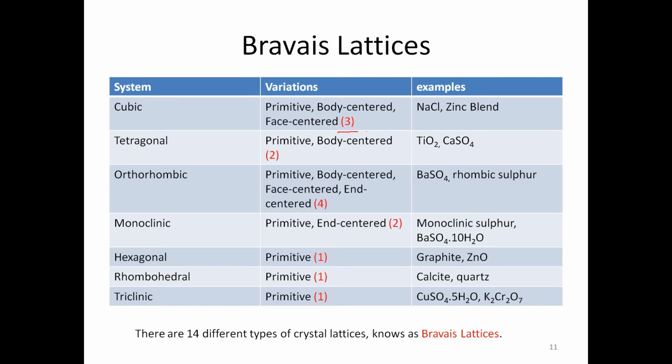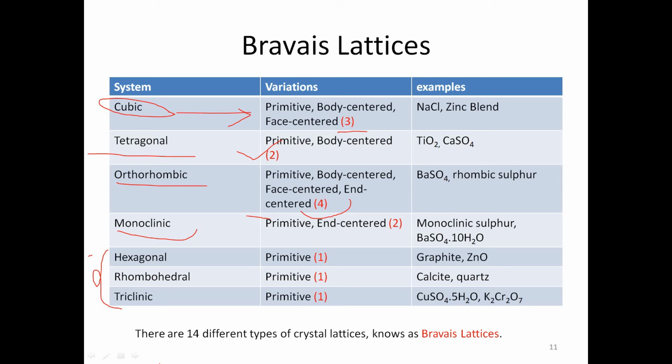How 14? Cubic can have 3: primitive, body-centered and face-centered. Tetragonal can have 2. Orthorhombic can have all 4: primitive, body-centered, face-centered and end-centered. Monoclinic can have primitive and end-centered, and all the other 3 can have only primitive.